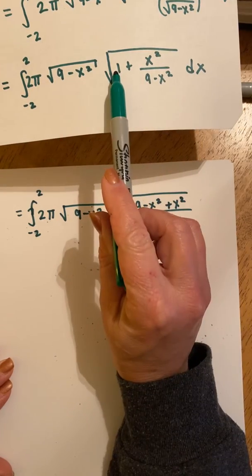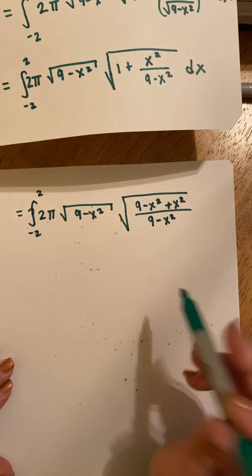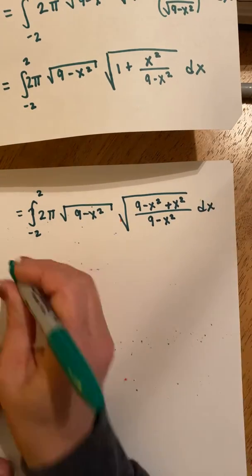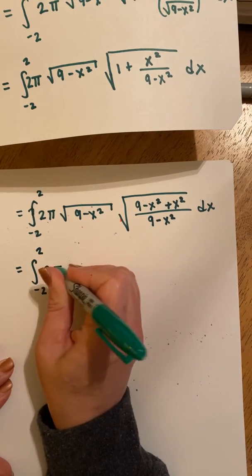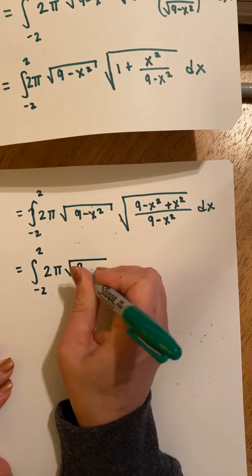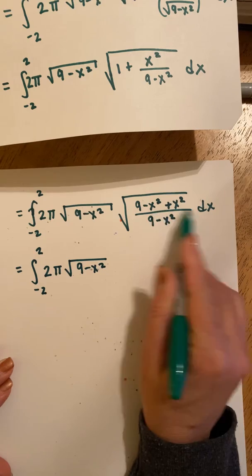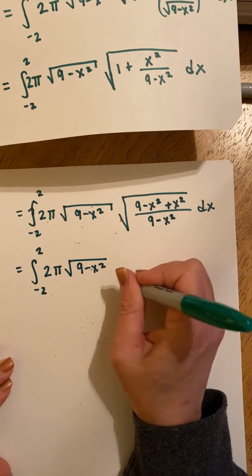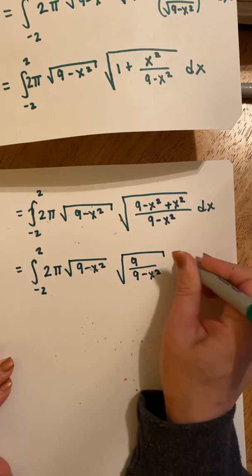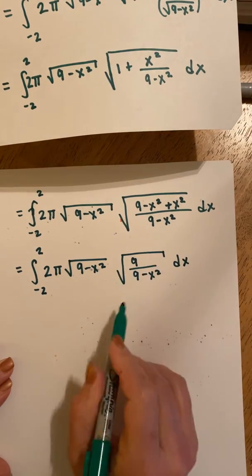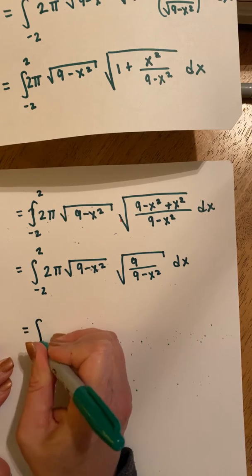Oh, look how beautiful this is cleaning up. This is just going to become 9 on top over 9 minus x squared. Distribute the radical to the numerator and the denominator.